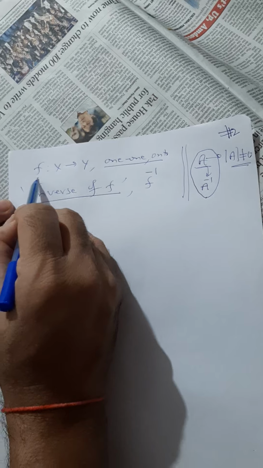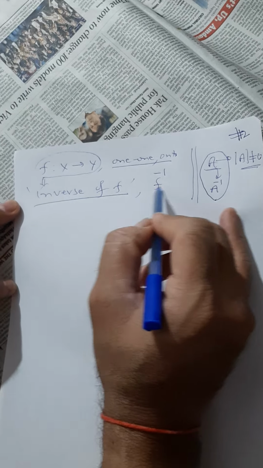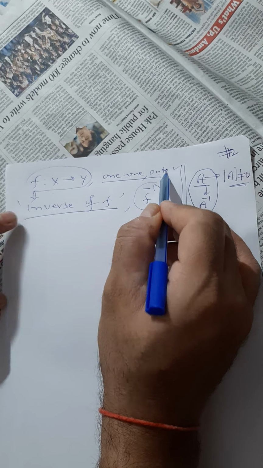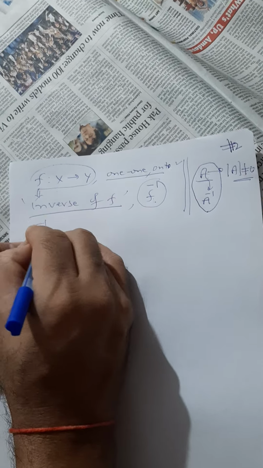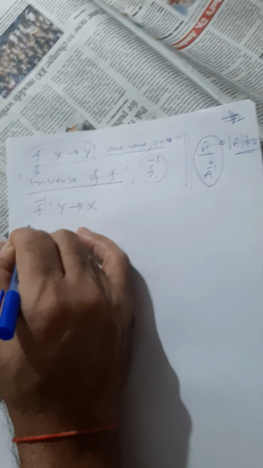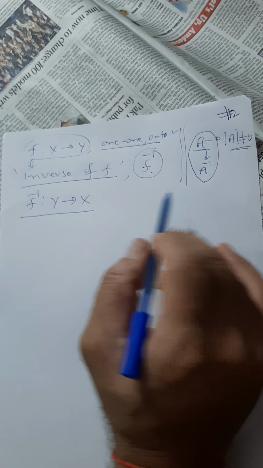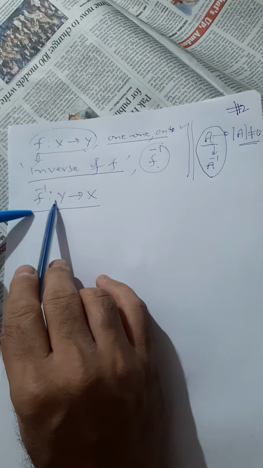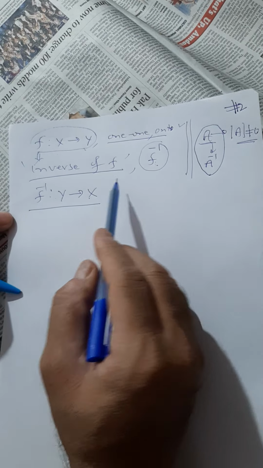So same way here, every function need not have an inverse. Its inverse exists only when it is 1-1 and onto. And inverse will be a function from y to x. So if f is a function from x to y, then its inverse will be a function from y to x, reverse.